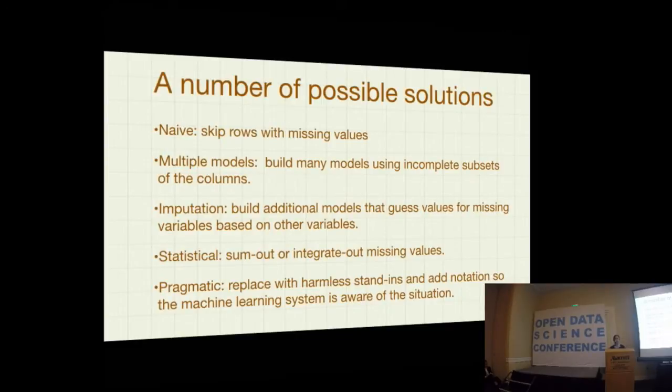For example, one of the things you can do is just replace all the missing values with a harmless stand-in, say 0, or the average value, and then add additional notation, say an additional variable that records when you actually did the substitution. So basically, you're keeping extra information about the data cleaning that you did.